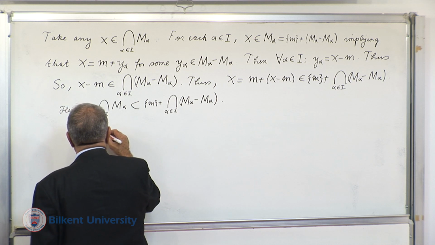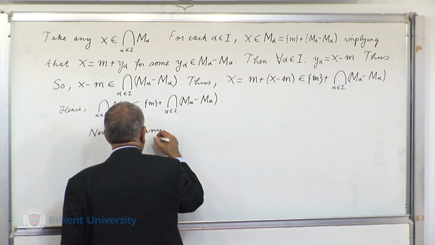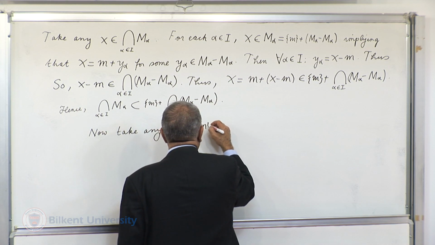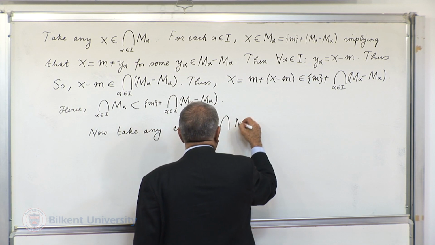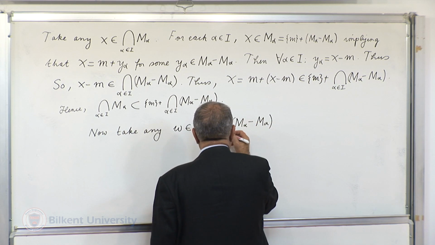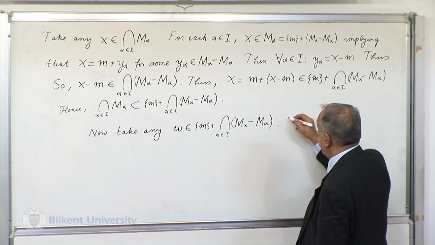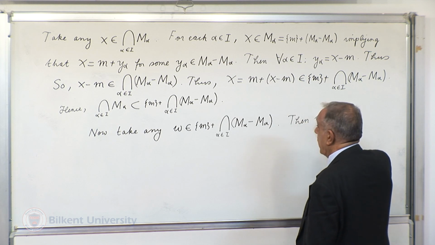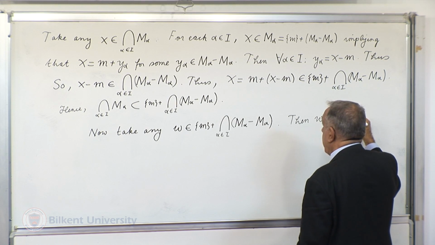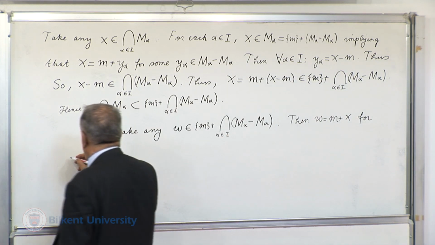Take any w in m plus the intersection of m alpha minus m alpha, alpha in I. But then w is equal to m plus x for some x in this intersection.